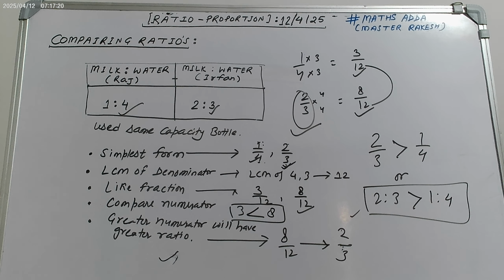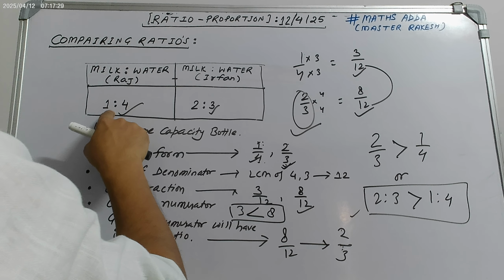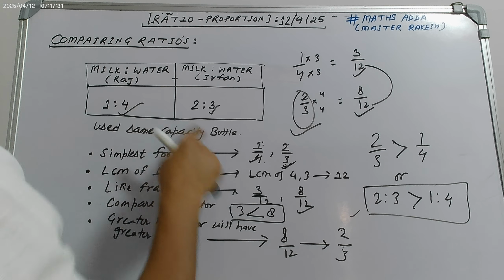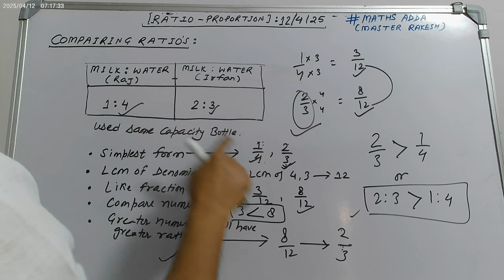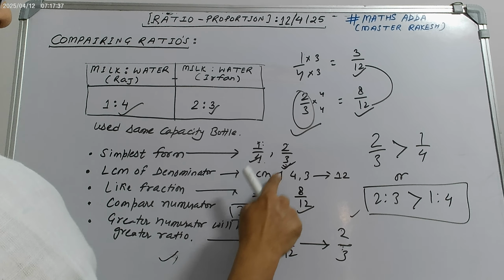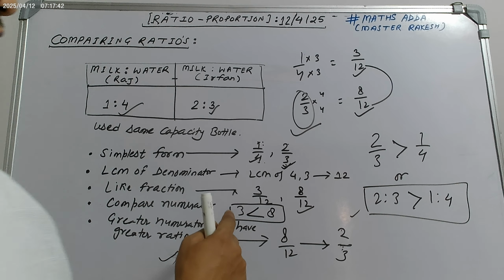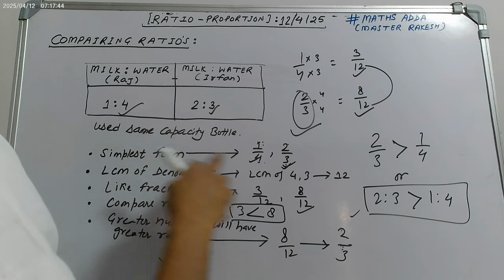We'll put up another example. This is as per the rule we did. First we find the simplest form, meaning we write it in fraction form: 1:4 means 1/4, 2:3 means 2/3. The LCM of the denominators 4 and 3 is 12. So we convert these fractions into like fractions by making the denominator 12: 3/12 and 8/12.